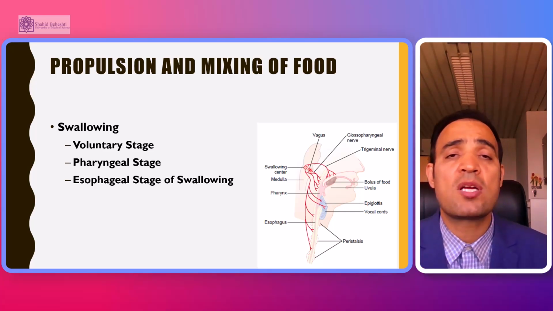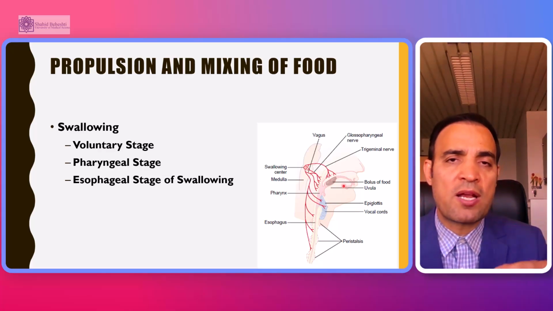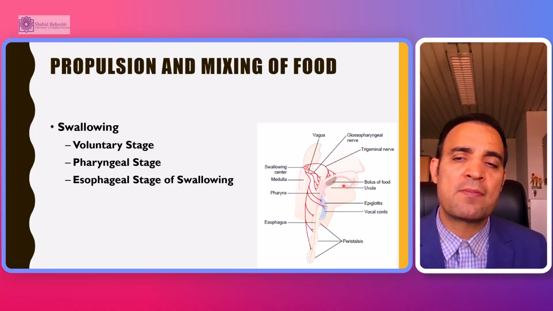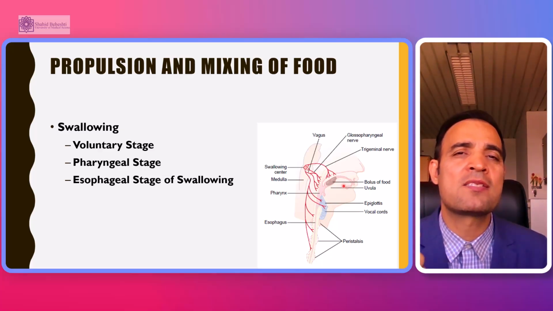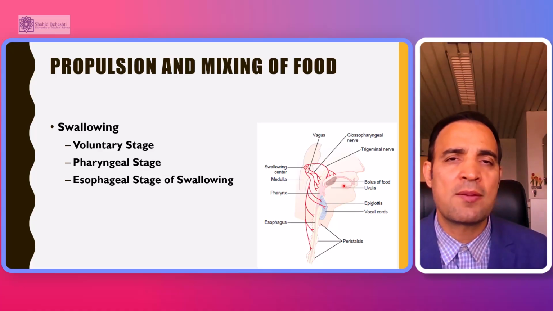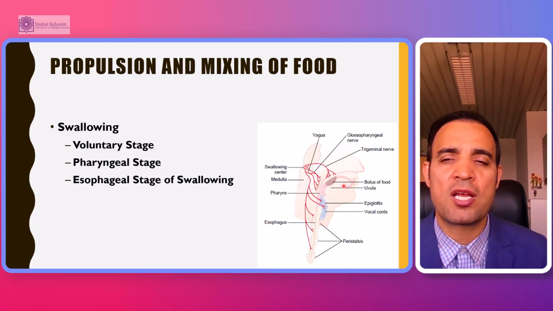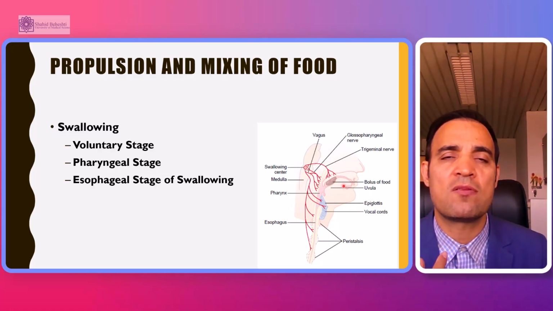Firstly, the voluntary stage. The voluntary stage, as you can see in this figure, means when we do the chewing mechanism several times and reach a step that the food is acceptable and completely soft and semi-solid or a little mush-like. Here we decide to do the swallowing.